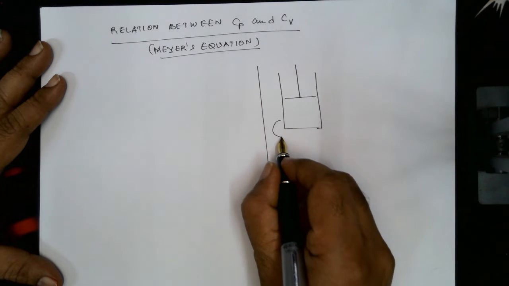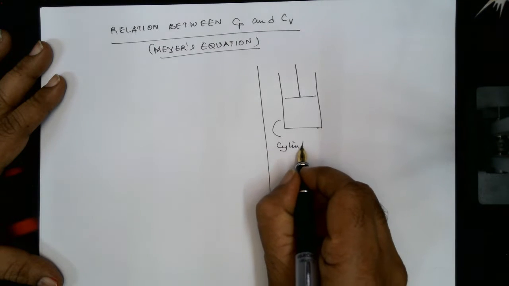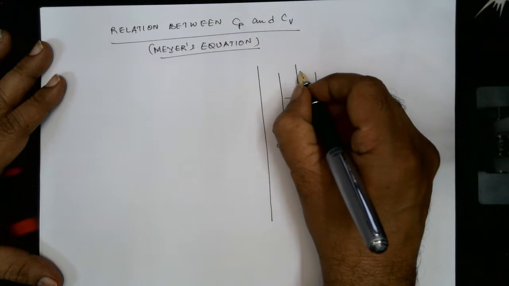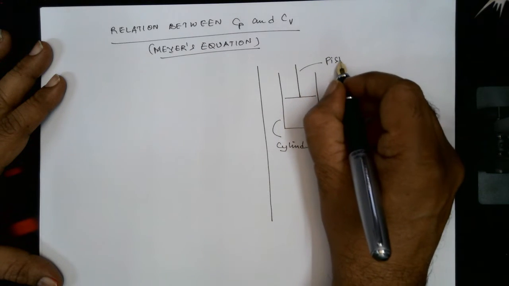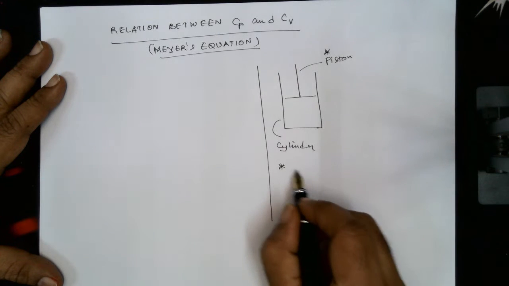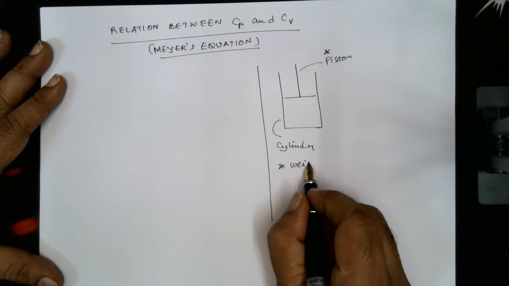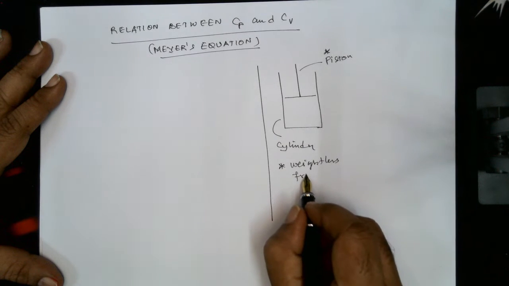So this is the cylinder or barrel, and this is the piston, and this piston should be weightless, frictionless.